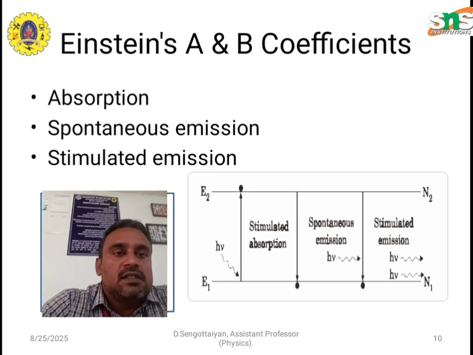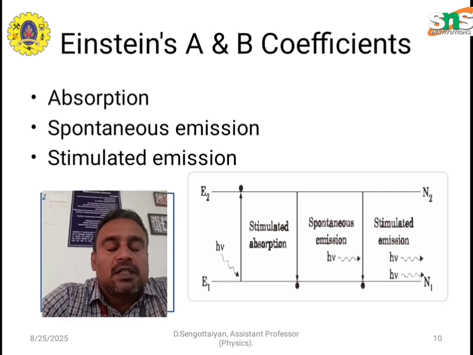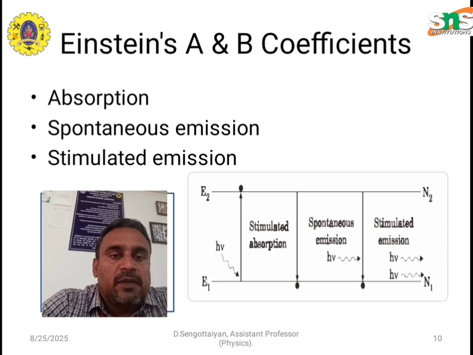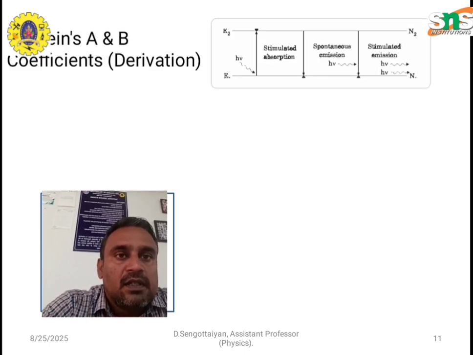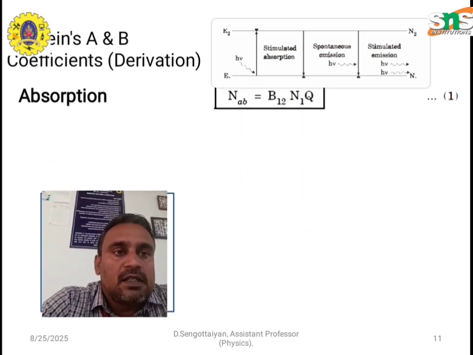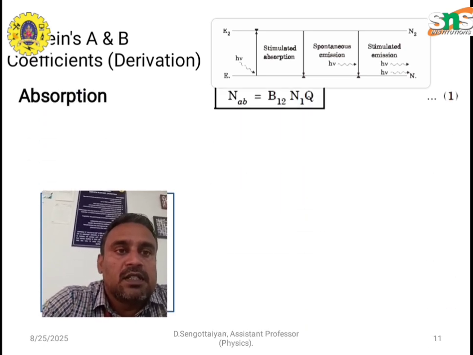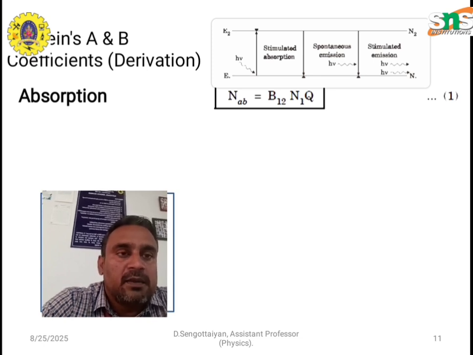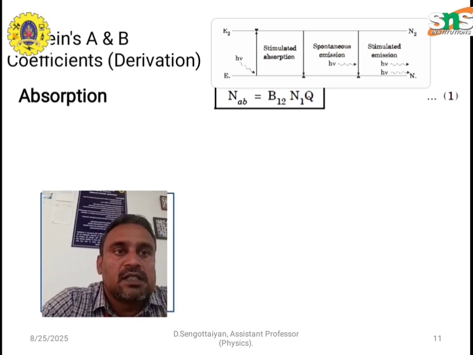Next, Einstein's A and B coefficients for laser, that is the difference between absorption, spontaneous emission and stimulated emission. The first equation shows absorption: N absorption is equal to B12 N1 Q, where atoms move from the ground state to the excited state, N1 is the number of atoms in the ground state, and Q is the incident energy.